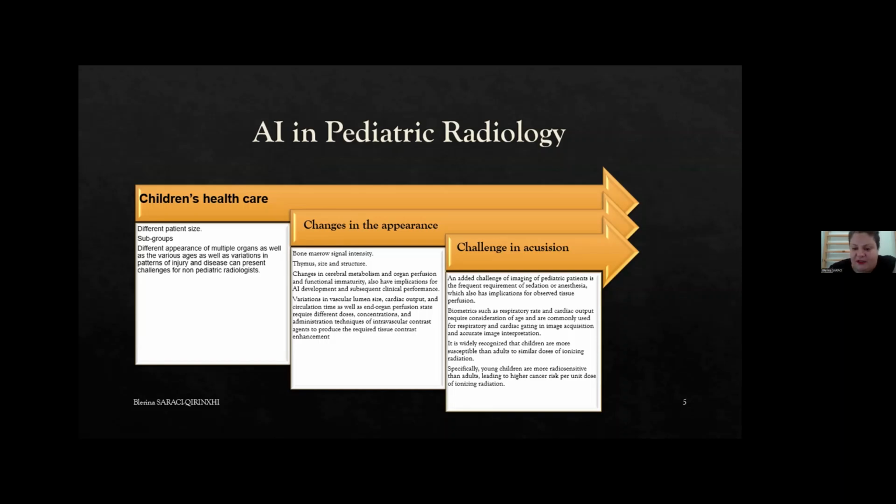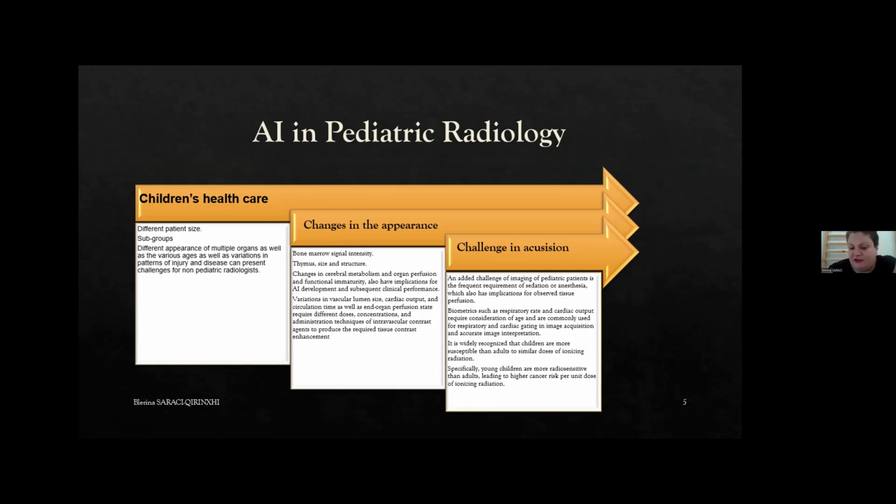Biometrics such as respiratory rate and cardiac output require considerations of age and are commonly used for respiratory and cardiac gating in imaging acquisition and in interpreting acquired imaging. It is widely recognized that children are more susceptible than adults to similar doses of ionizing radiation.